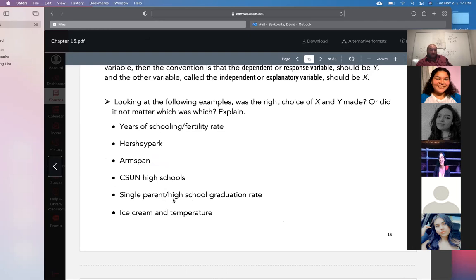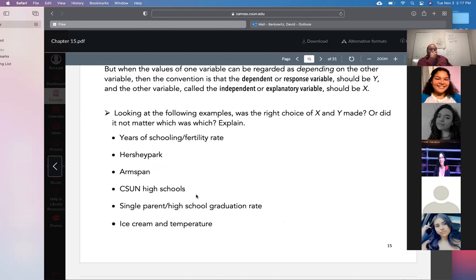Single parent versus high school graduation rate. So the number of single parents, because it's got to be a quantitative variable to be a scatter plot. So graduation rate would be on probably the y-axis, with number of single parents being on the x-axis.